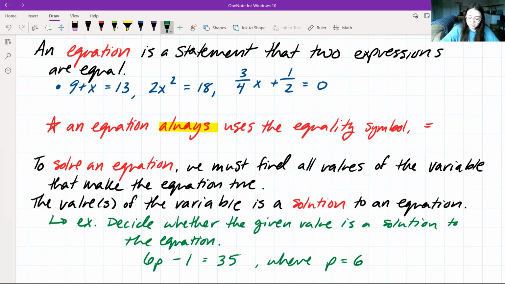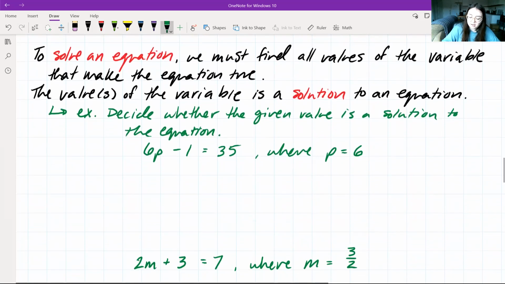As a first example, we want to decide whether the given value is a solution to the equation. We have 6p minus 1 is equal to 35, where p is equal to 6. We're given a value of p, and we're checking whether it is a solution for our given equation.